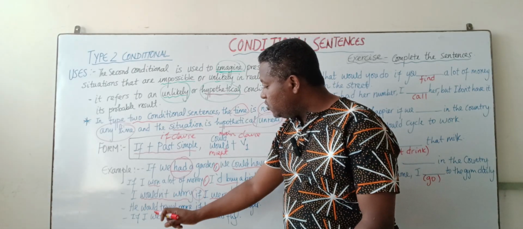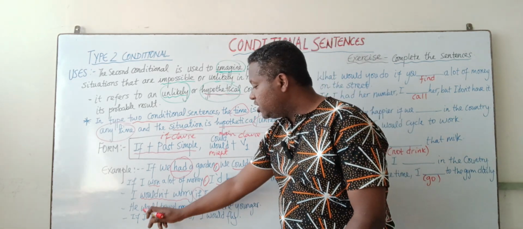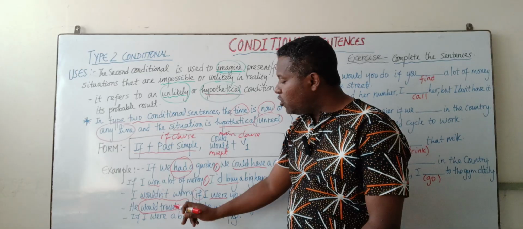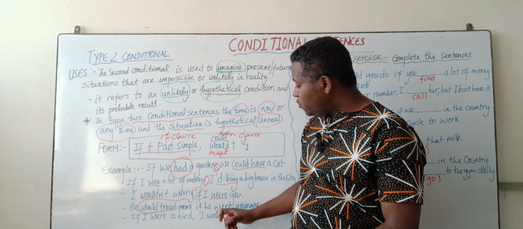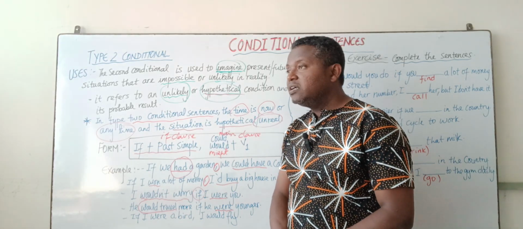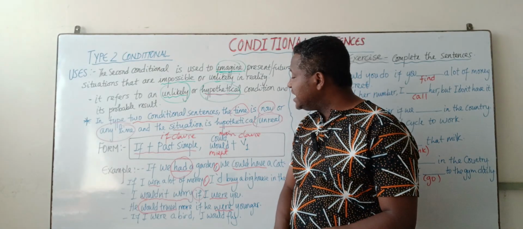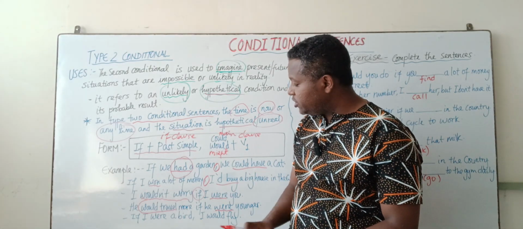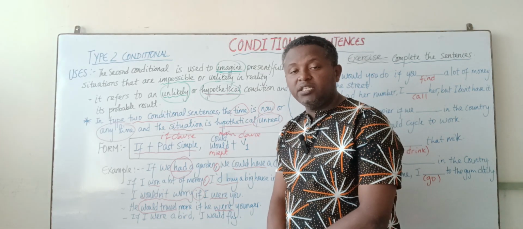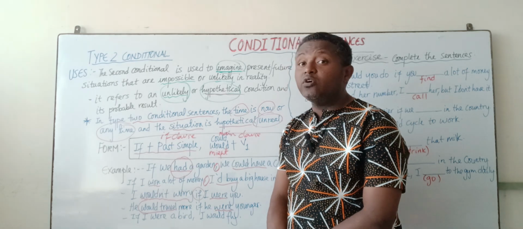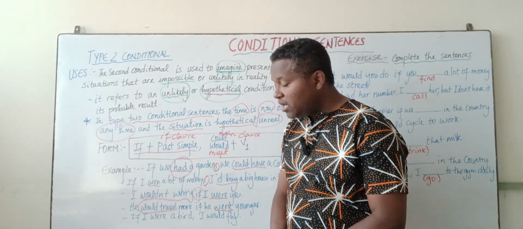The next one, he would travel more if he were younger. He would travel more. Would plus verb 1, and if he were younger. For such kind of situations, unreal situations or hypothetical situations, we use were with I, he, she, it, etc., which we don't use normally, to show that the situation is hypothetical or unreal.